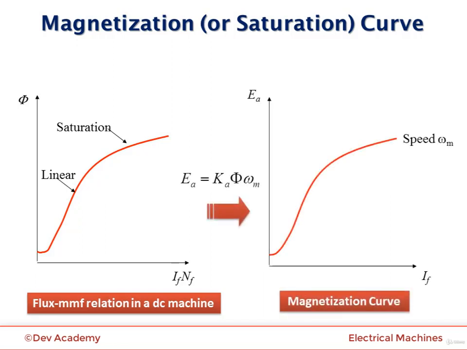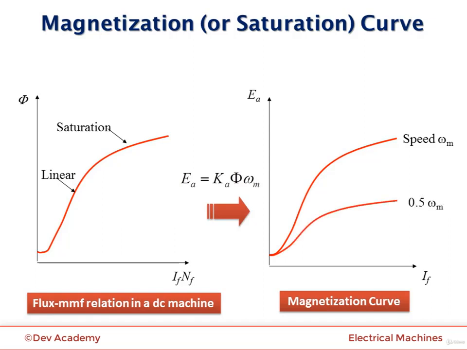Since the back EMF is also a function of the magnetic flux, for a given speed omega m, the back EMF follows a similar magnetization curve as that of the BH curve. This curve represents the saturation level in the magnetic system of the DC machine for various values of the excitation MMF or the excitation current IF.